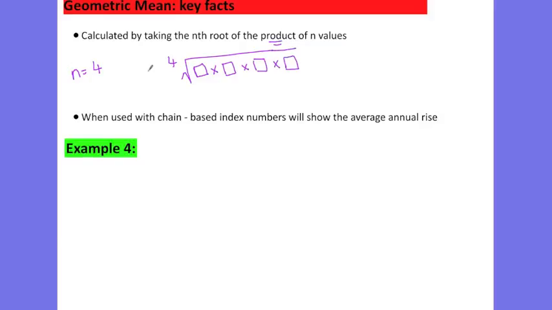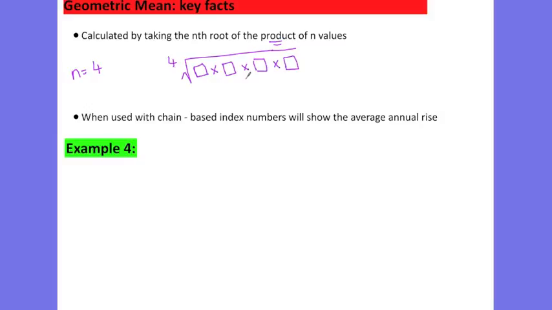So n changes, the root changes, and the number of values we are multiplying under the root sign will change. This question is often asked when dealing with index numbers, and it will be a part of the question.